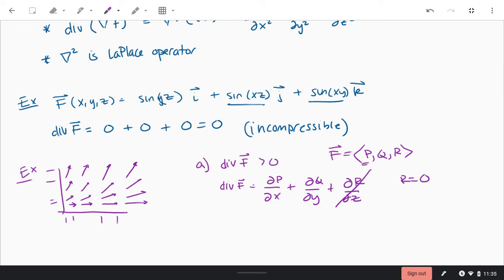So if we look at how our vector is acting in the x direction, which is P, right? As x changes, there's a positive change there. Okay, so dP/dx is greater than 0. As x gets bigger, the actual length of the vectors is getting bigger in the x direction. Okay, and then same with y, dQ/dy. So if you look at our function that's giving us the y component, as y gets bigger, that's also getting bigger. So dQ/dy is greater than 0. So dP/dx is positive, dQ/dy is positive, dR/dz is 0. So the whole thing then, the divergence of F must be greater than 0.